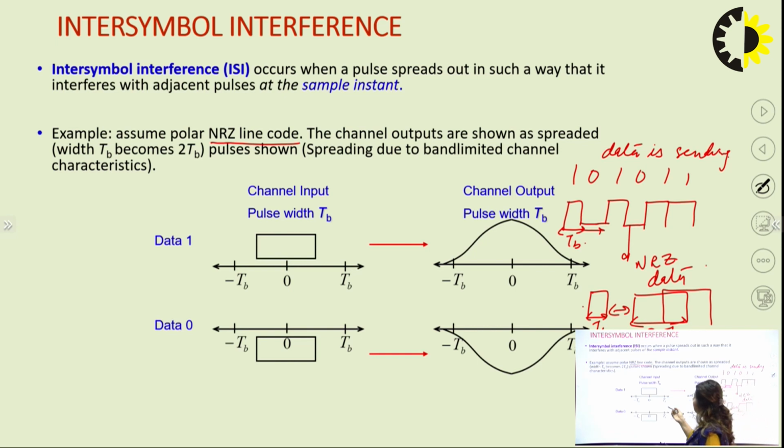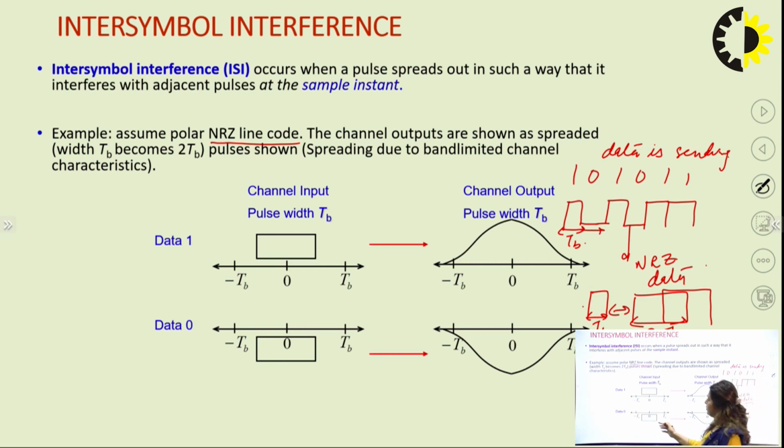In this figure, for data 1, the channel input pulse width is TB. In the second figure, the channel output pulse width, which was initially TB, now becomes 2 TB.